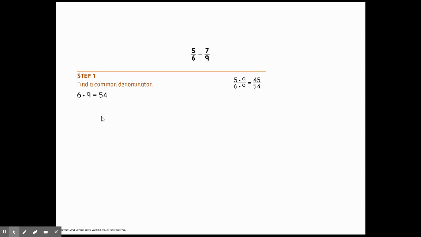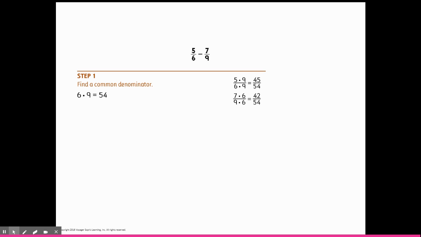So we then multiply the numerator and denominator of 5/6 by 9 to get 45 out of 54. Then we would multiply the numerator and denominator of 7/9 by 6 to get 42 out of 54.